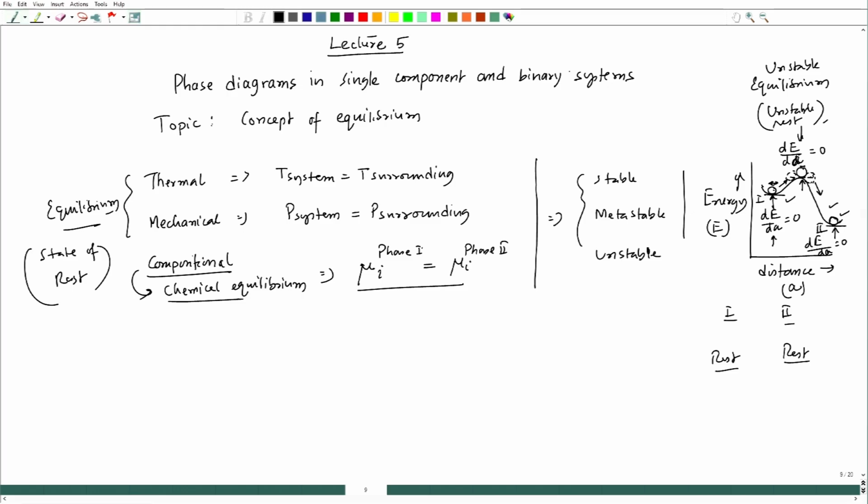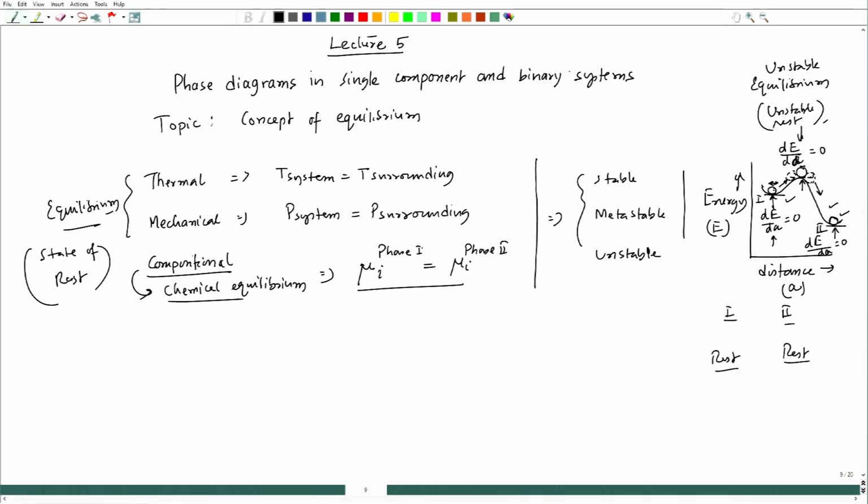Okay. But since one has lower energy than the other, the lower energy place should be considered the stable rest. The other one is also stable, but if I give a little push, it goes to the hump and then, with a further push, goes down to the lowest point in that configuration.